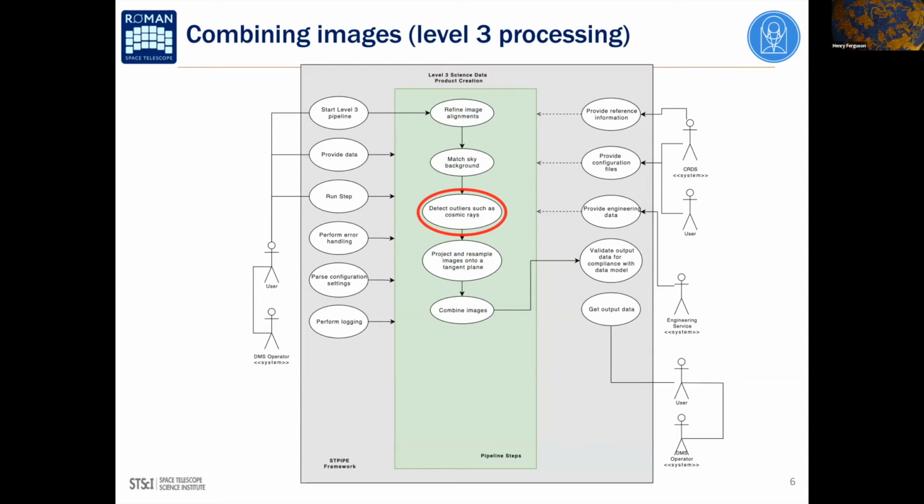And that's another area where people interested, especially in fast transients or moving targets, will want to look carefully at what we're doing and weigh in on trades we're making that might affect their science. We also refine the image alignments here if needed, but we expect the astrometric alignment done at level 2 will make this unnecessary, whereas it's incredibly important for JWST and HST.